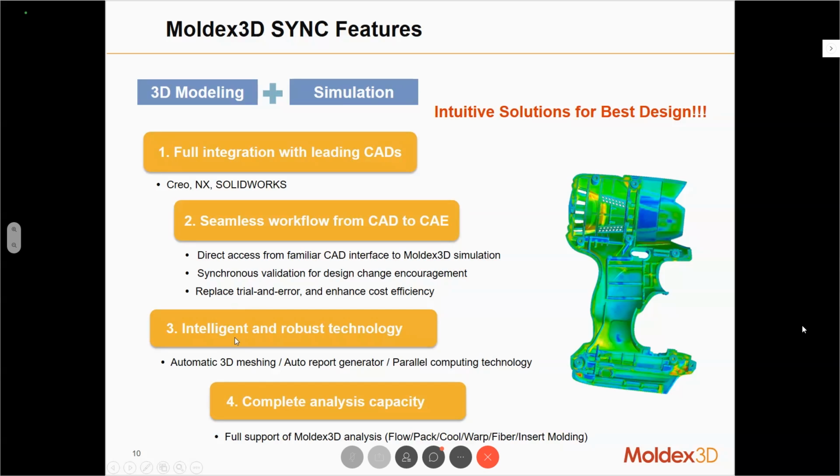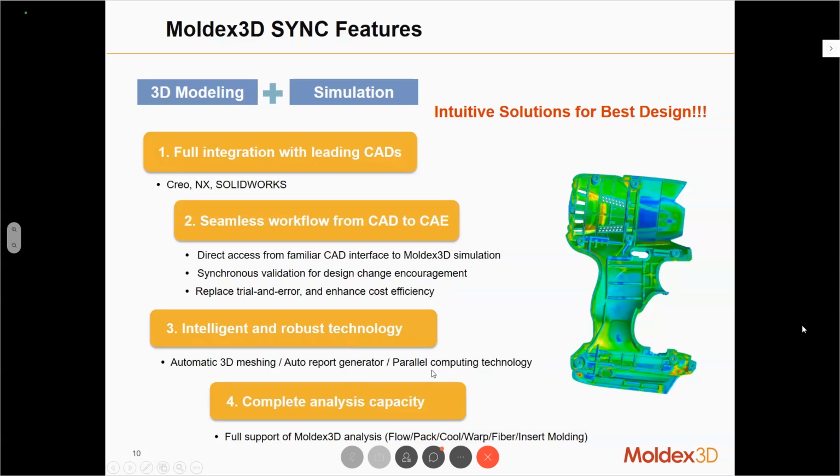With intelligent and robust technology, the mesh is a fully automatically created 3D mesh. So you just choose the mesh level from 1 to 5, and it's going to create it automatically. After your analysis is finished, if you want to get the report, your report is also automatically created.